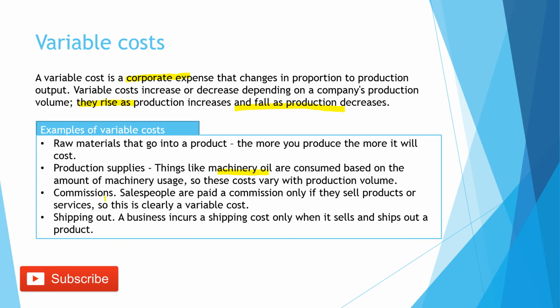Commission is another variable cost. Salespeople are paid a commission only if they sell products or services. So this is clearly a variable cost. So if your business has some sort of commission where people have to sell a certain amount of items to make money, then if one week all your salespeople sell loads of things, your cost will be lots.